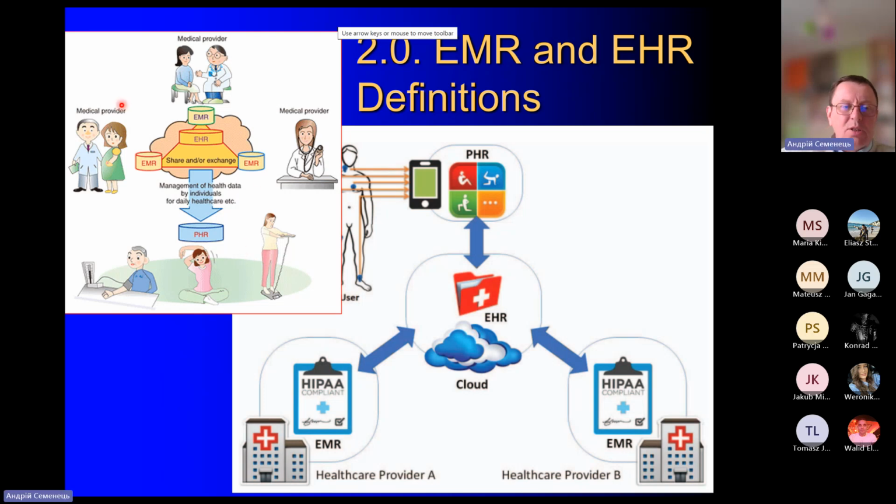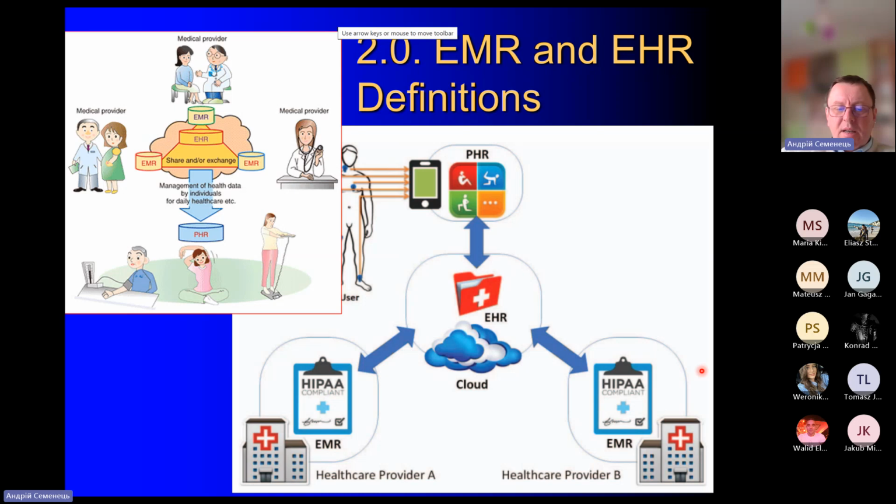So here we have EMR, electronic medical records, per medical provider; EHR, aggregated, combined medical records for a specific patient from all providers he or she attended; and PHR, that part of medical records which is filled or managed by the patient.